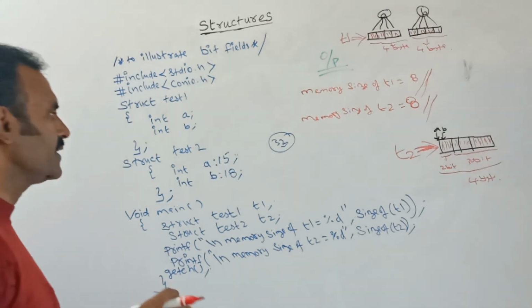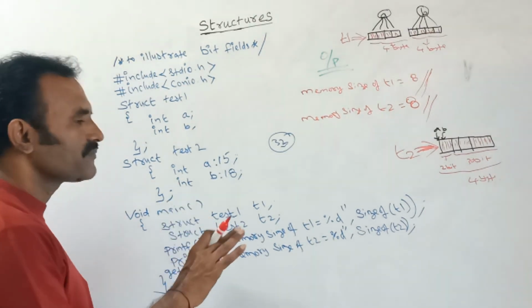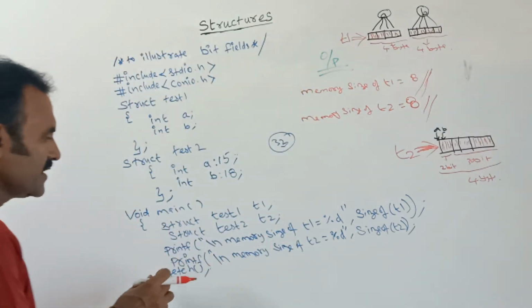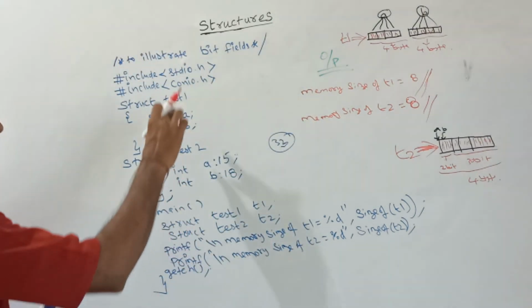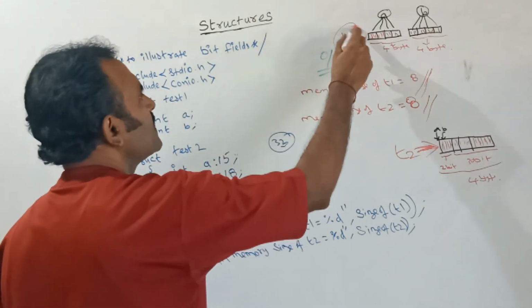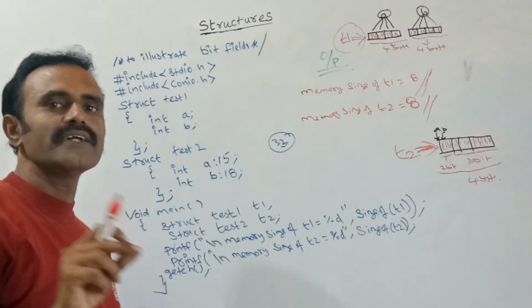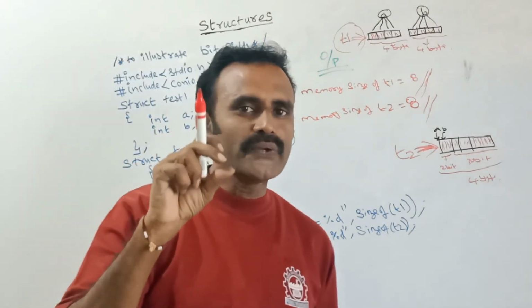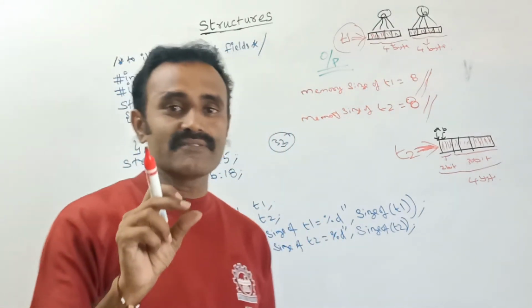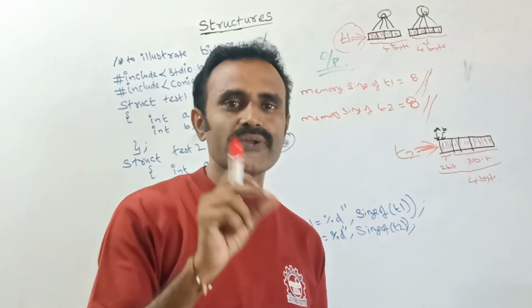And another thing here: we can find the address for a byte only. For example, if you want to find the location of this T1, each and every memory is allocated in some particular unique location. Already we had seen that one. Each and every byte location has a unique address.